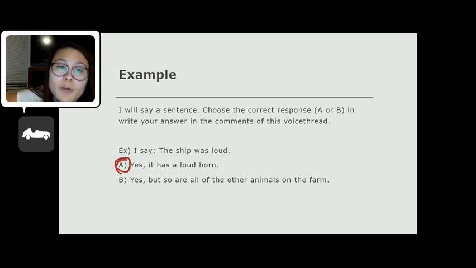Yes, A would be the correct answer. I said the ship was loud, and an appropriate response would be yes, it has a loud horn.